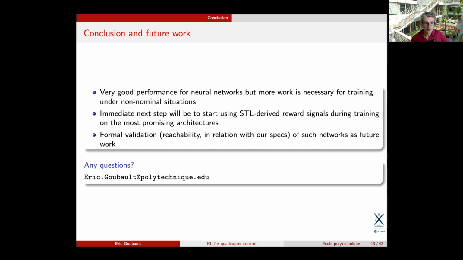This hope is also linked to the fact that we have started some formal validation with reachability analysis of the full closed loop, and training using specific formal performance-based reward functions means that we can hope for better formal validation at the end.